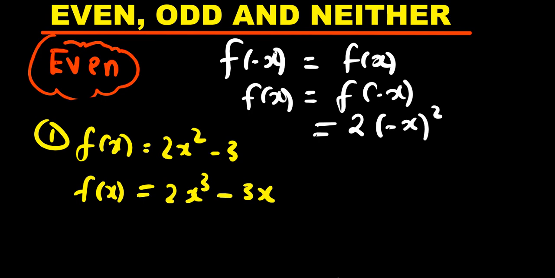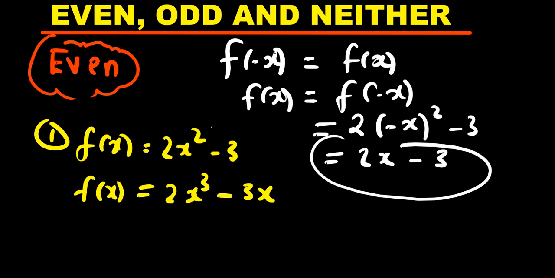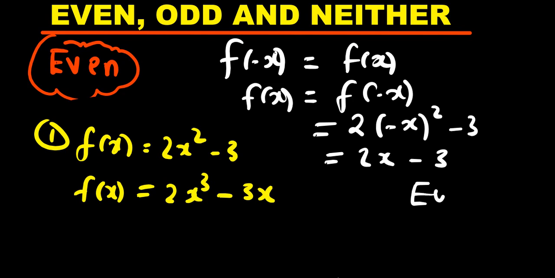Then when you solve, you know that negative x squared is just x squared. So you have 2x squared minus 3. Now you're able to see that this is equal to f of x. Because it's like that, this is an even function.